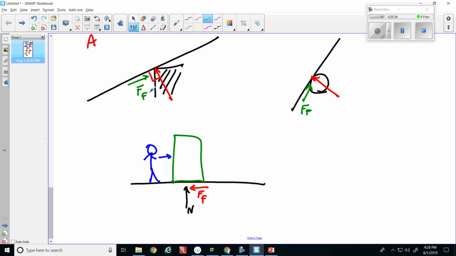To find the friction force, find the flat surface and draw it parallel to the flat surface. I was drawing normals. I was thinking normals and saying friction. A lot of times students have trouble finding the normal force to then find the friction force, so I'm glad you asked that. In all the problems we're going to have, there's going to be one surface that's flat, even if they're not both flat.